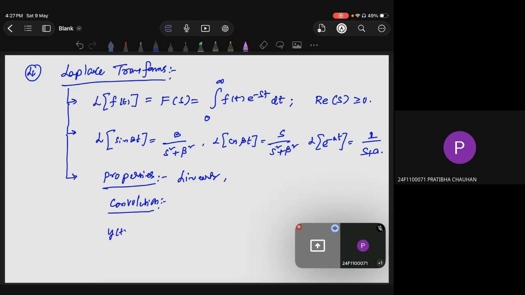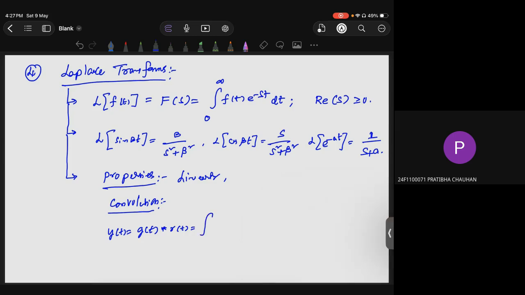If you define y of t as g of t and some other signal r of t, which are two signals, the convolution is defined with this star mark. Mathematically that is written as integral 0 to t of g of t minus tau r of tau d tau, or integral 0 to t of g of tau r of t minus tau d tau. Am I correct?